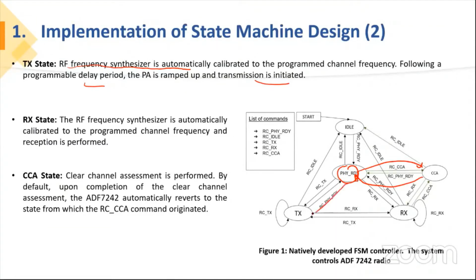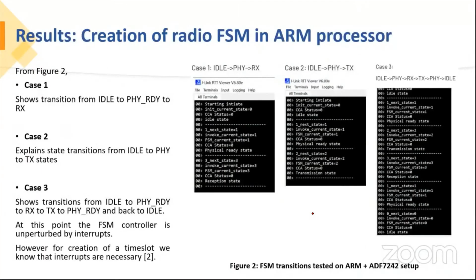Then you can push directly to TX, issue RC_TX, and then push the data packet to the radio controller's memory. That is possible. So there are these three cases. Case 1 is idle to PHY ready to RX. Case 2 is idle to PHY ready to TX, and case 3 is PHY ready to RX, TX, PHY ready to idle.